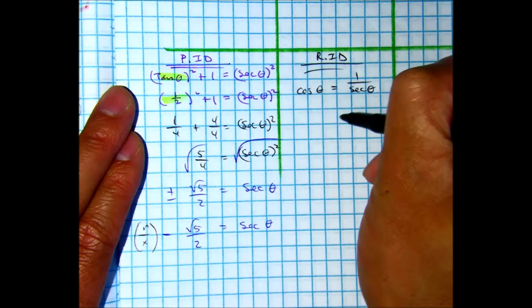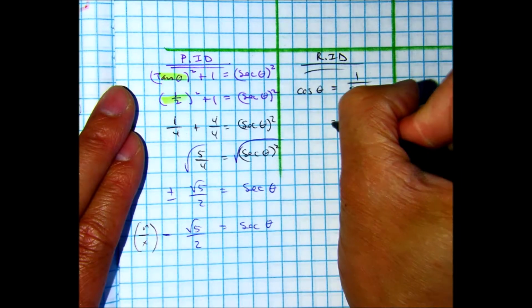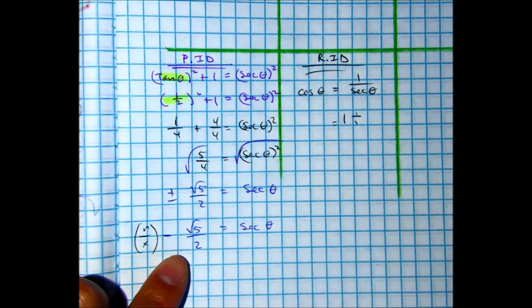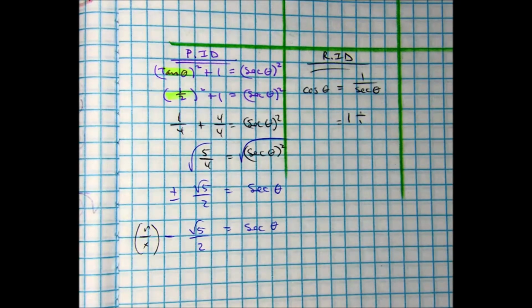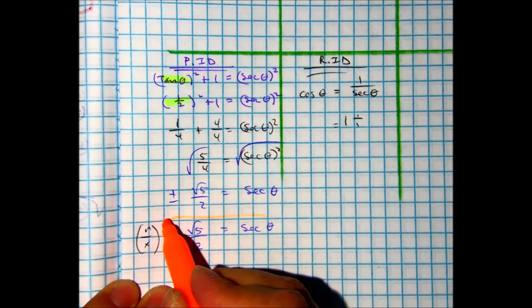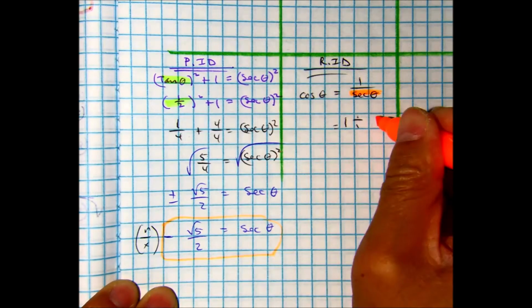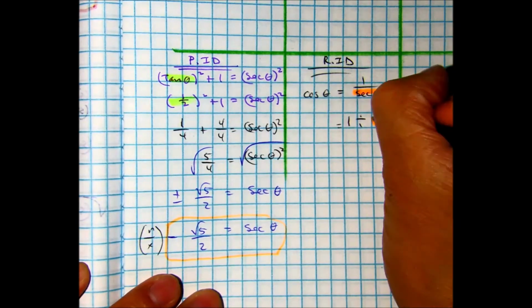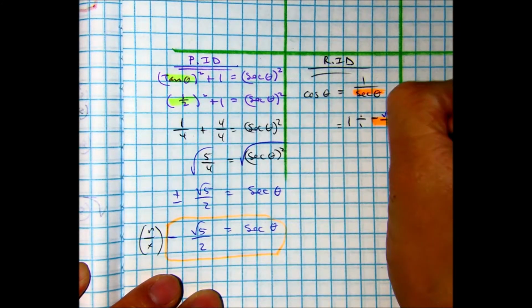Does that make sense? I'll do it the long way so you can see it. 1 divided by secant. Secant is negative radical 5 over 2.